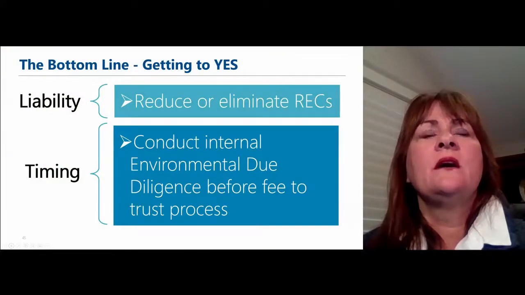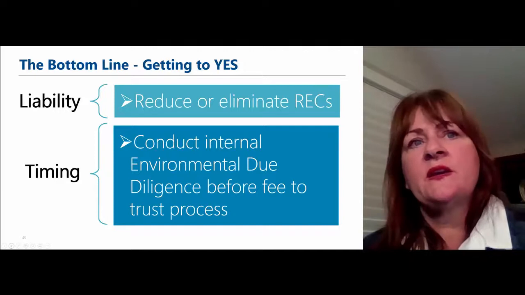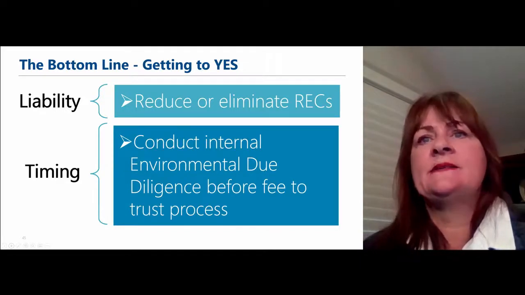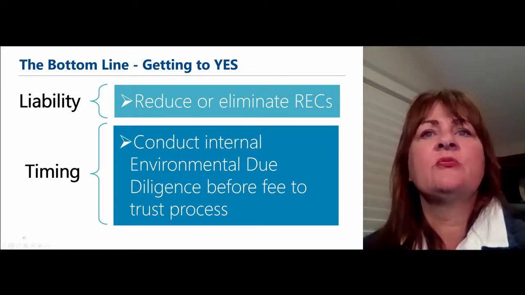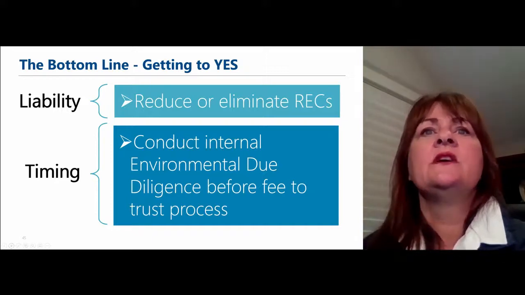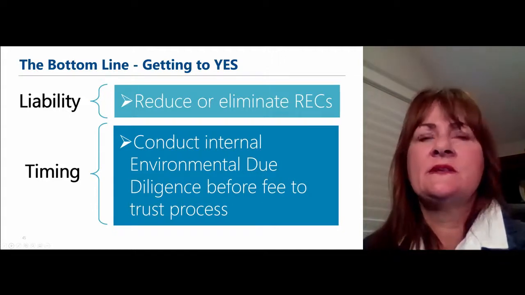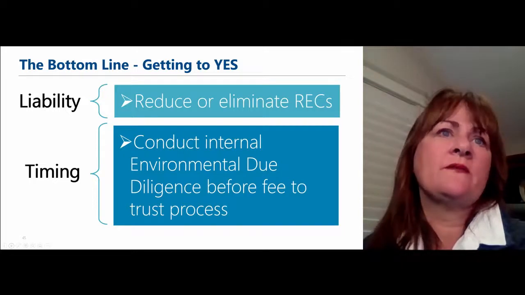So let's recap what we've talked about today. The bottom line, when you're looking at your fee to trust properties and moving them through the fee to trust process, is you really want to get the BIA to say yes. You don't want environmental conditions on your property, hazardous materials, contamination, that kind of thing, to be a tripping point for you. There's so many other moving pieces in these applications. You don't want environmental issues to be one of them.